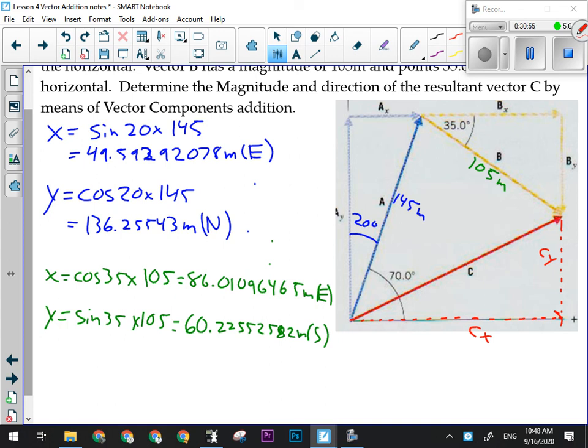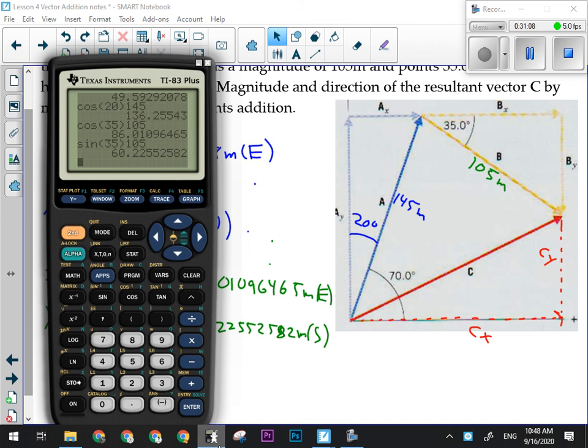Vector component addition. There's a reason we call it that. I want to add the two X components together to get my total X component. They're both east, so I don't need to make either one of them negative. I just need to add them in there, right? So I'm going to have my 49.59292078, okay?